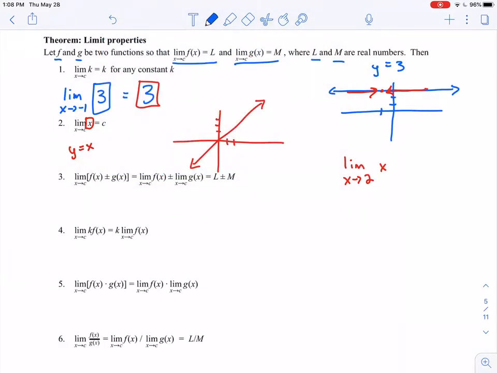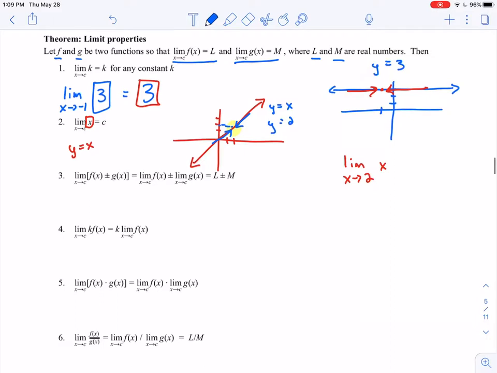As I approach x equals 2 from both sides, from the left-hand side and from the right-hand side, it looks like I'm approaching this point right here. Well, that point has a y value of 2, because this is y equals x. So if I have an x value of 2, that means I also have a y value of 2. So this means that my limit must be equal to 2.